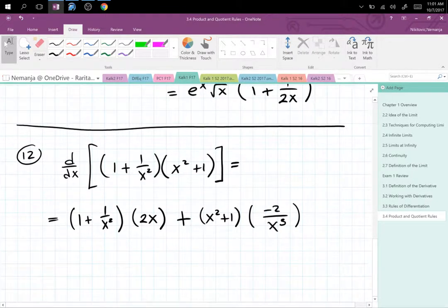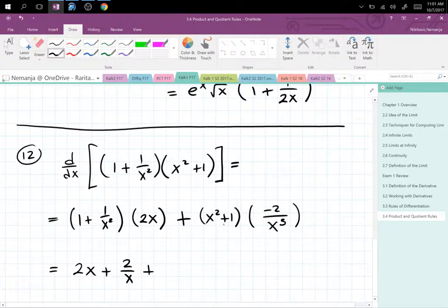Now we can actually multiply this out and put everything on a pile somehow. So when I multiply 2x through, I get 2x plus 2 over x.